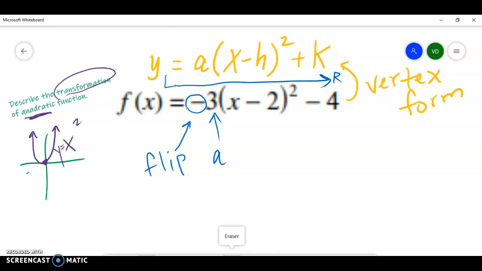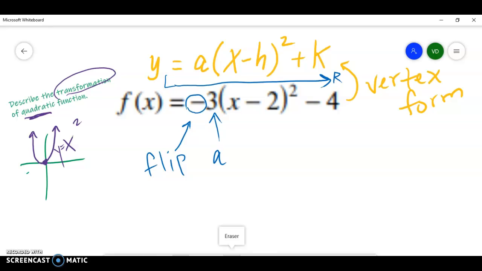The negative sign and the a value are two separate items. If I think of it as a -3, that's less than 1, but this one is not going to stretch and get wider. Since my a value is separate from that negative sign, I've got to think of that a as being bigger than 1. I'll explain that further in a minute. Just know that the negative and the a are separate.